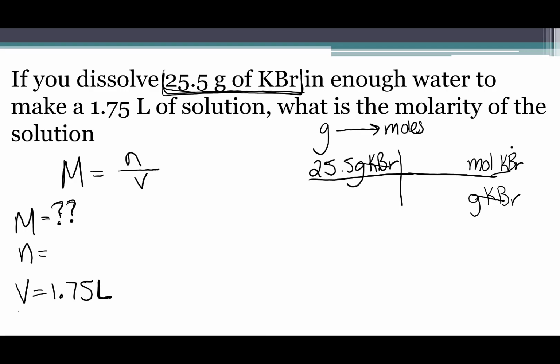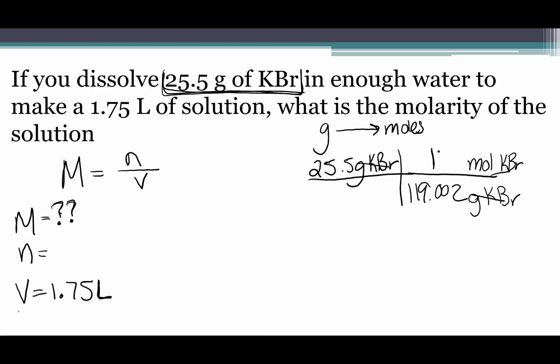Okay. All right, so to get the molar mass of the potassium bromide, I'm just going to look at my periodic table. So the molar mass for potassium is 39.098. And I'm going to add that to the molar mass of bromine, which is 79.904. So the molar mass for potassium bromide is 119.002.